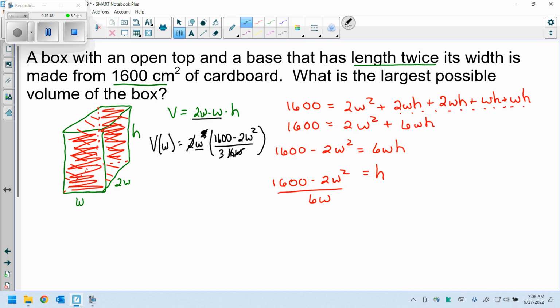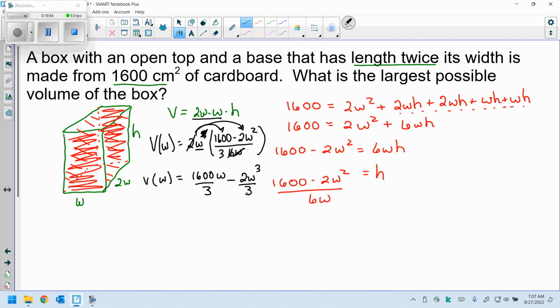And so I think the volume in terms of W can be written as, let's see, 1,600W divided by this 3 on the bottom, minus 2W cubed over this 3 that's on the bottom. I think that'll be fine.